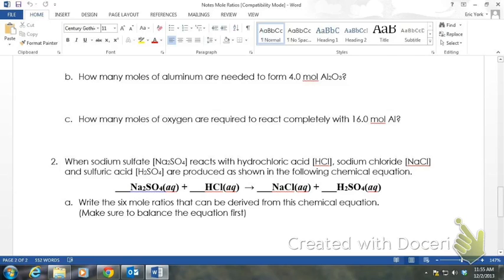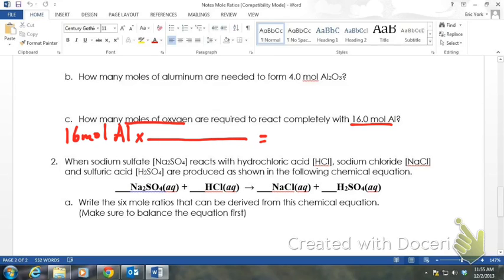What number does the problem give us? 16 moles of Al. So we start with 16 moles of aluminum. And what is the problem asking for? Good. Moles of oxygen. So we set up our conversion factor.